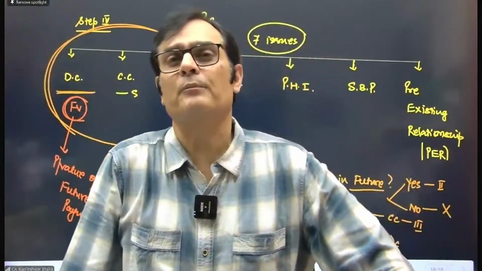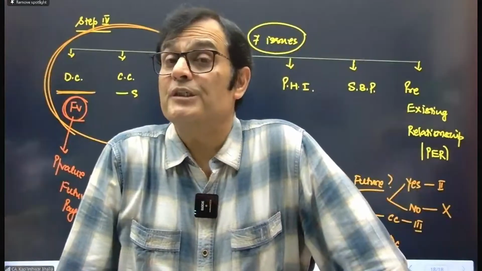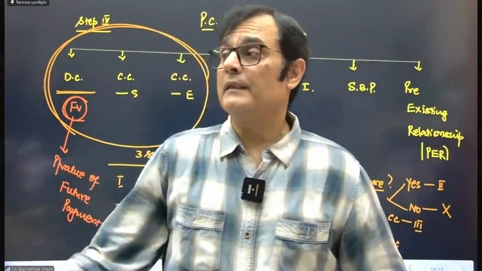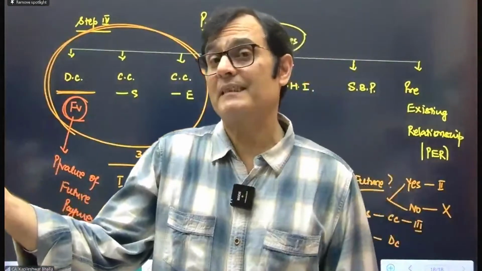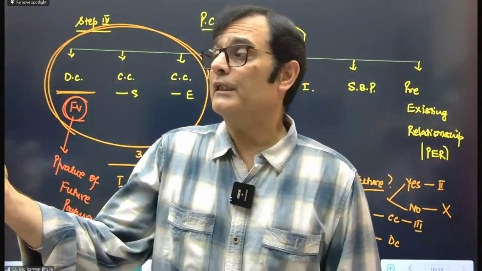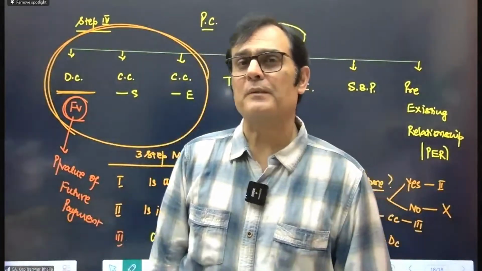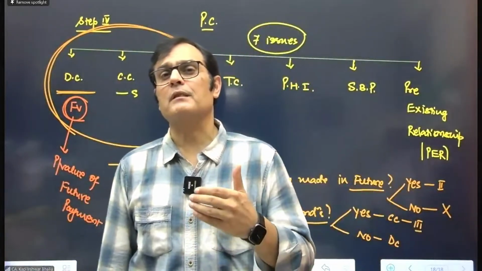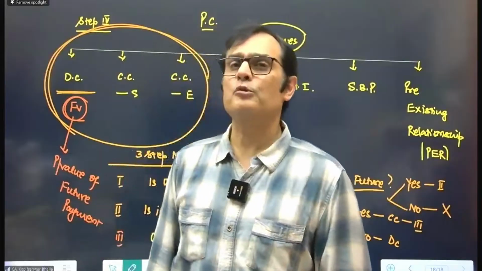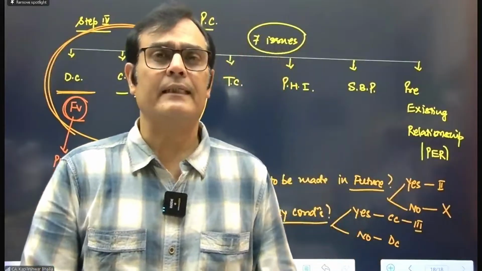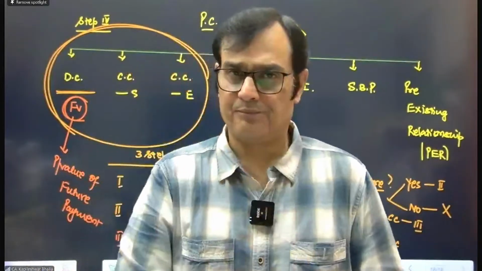So he's a shareholder cum employee. You need to see the capacity in which a payment is made. If you tell him that I'll give you this payment if you serve me for a certain number of years, requiring continuous employment, then it is paid in the capacity of employee.